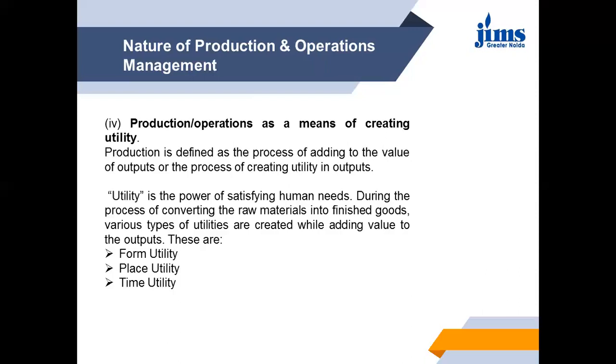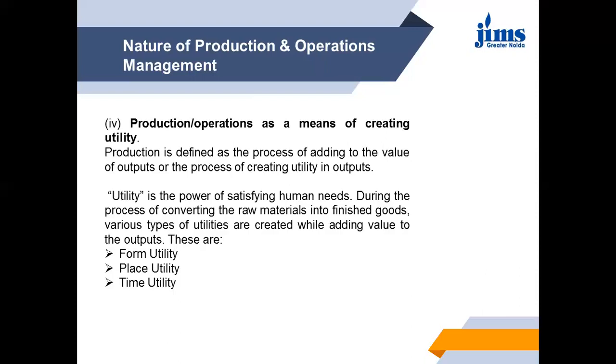Then there is place utility. The function of transportation, which is another subsystem of the total production and operations system, creates place utility. That means goods are produced, commodities are manufactured and are kept in the factory or warehouses.